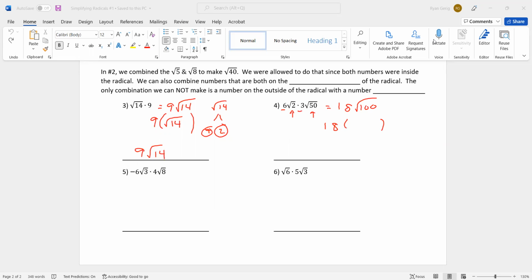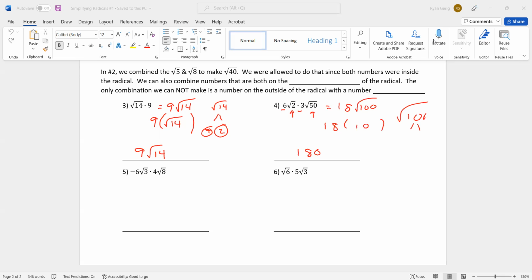What times what gives you 100? It's 10 exactly. If you know those, you don't have to do the work. Square root of 100 is 10. There's no radical left. It's not the square root of 10, it's just 10. So now I have 18 times 10 is 180. If you don't see that right away, you're going to be doing all the work over here, and you're going to find that if you do it right, there's nothing left underneath the radical.